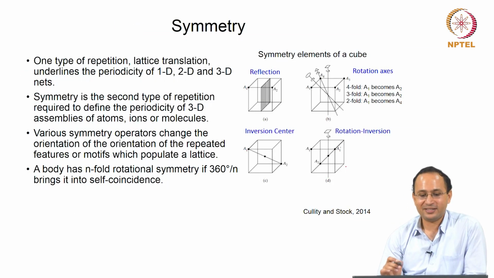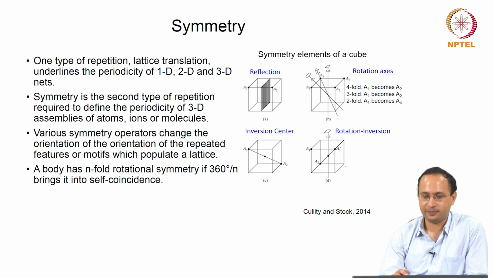The symmetry is the second type of repetition required to define the periodicity of 3D assemblies of atoms, ions and molecules. What are we talking about? The symmetry. So various symmetry operators change the orientation of the repeated features or motifs which populate a lattice.